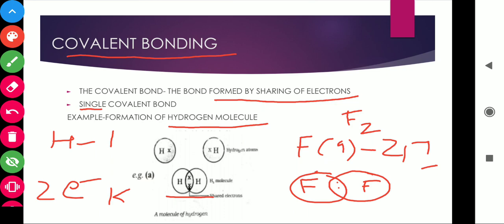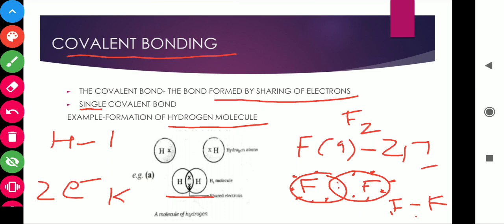The remaining 6 remain on the shell: 1, 2, 3, 4, 5, 6, and 1, 2, 3, 4, 5, 6. We represent it as F single bond F. This is a single bond and this is a covalent bond.